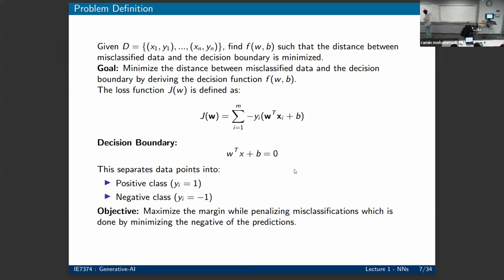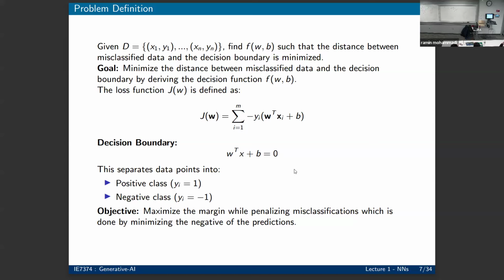So if you classify this correctly, +1 times positive becomes positive. You have a negative behind it, becomes negative. If you classify this properly, -1 times negative becomes positive. You have a negative behind it, also becomes negative. So if everything is correctly classified, this becomes a summation of negative values, right?